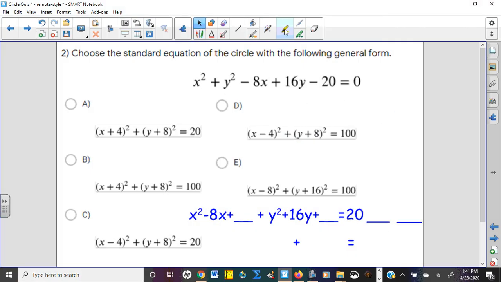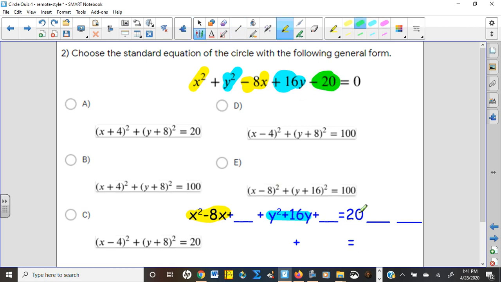So I'm going to take the x terms, which are here and here, and group those. And I'll take the y terms here and here, and group those. And I'll take that 20 and move it entirely to the other side. So negative 20 becomes positive 20 on the other side.